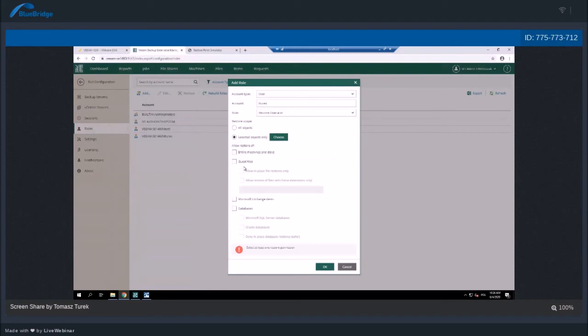But you, as a backup administrator, don't trust me enough to do recoveries of the entire machine. If you want to recover the entire machine, tell me, I know how to do it better, right? So I can give myself the option to only recover individual files from this machine. I can also specify that, for example, those files cannot be downloaded locally, but can only be recovered to their original location.